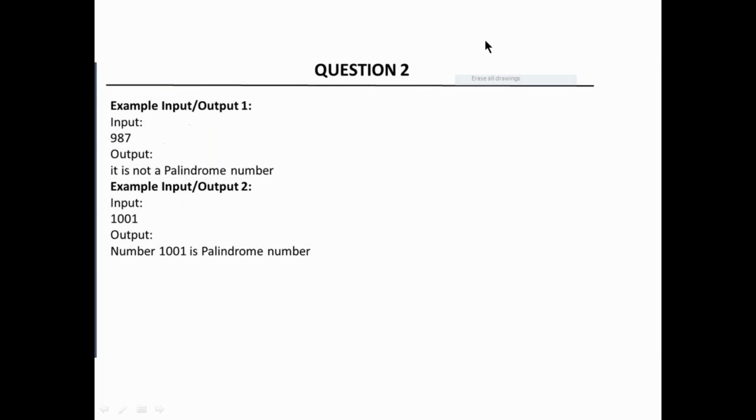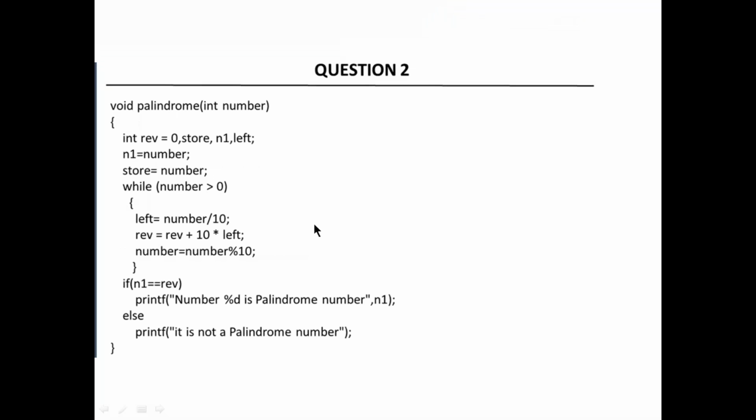I hope everyone understood this. Let's move to the code, guys. Observe the code, everyone. The number is copied into this n1 variable. Whatever number we take as input is copied into n1, and it is copied into some variable to store it also. Afterwards, until the number becomes 0, we keep on repeating this while loop.